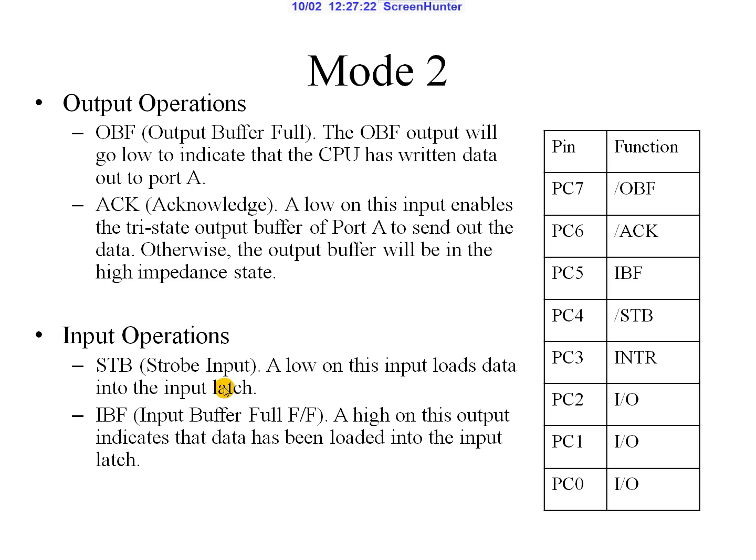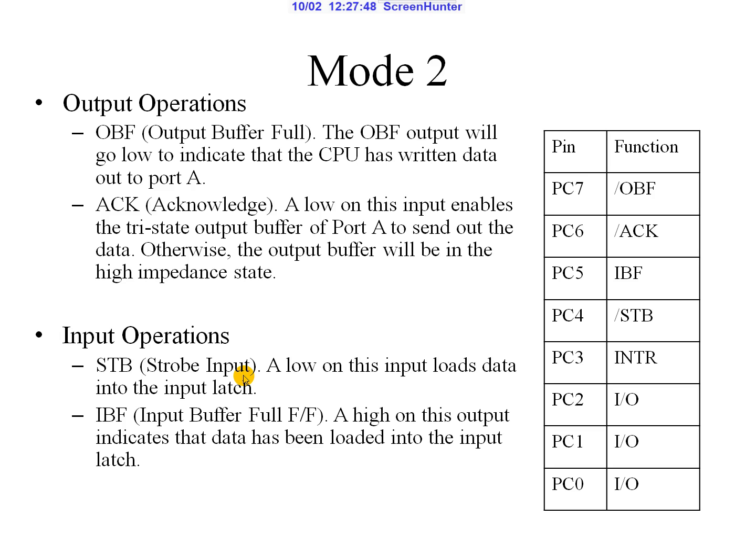Input buffer full is going to be used for indicating whether the particular 8255 or 8254 buffer is full when the external device is writing into the buffer. When this buffer is full, that is going to be indicated on this particular control pin.